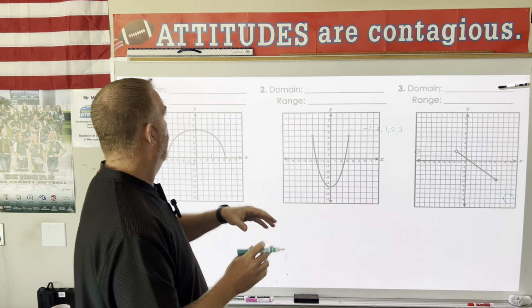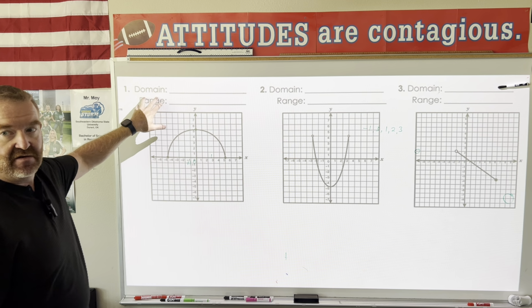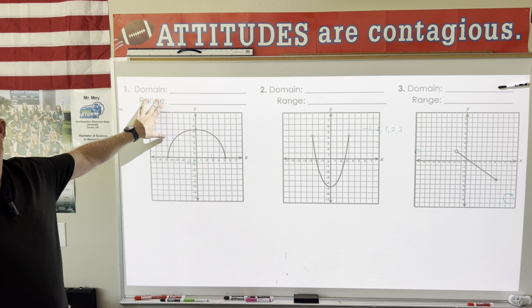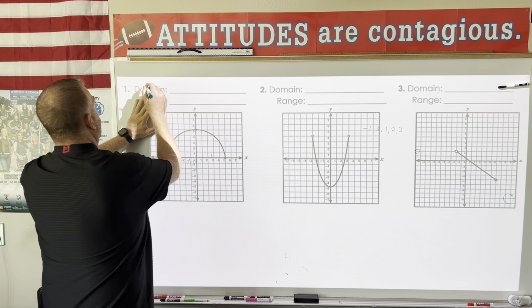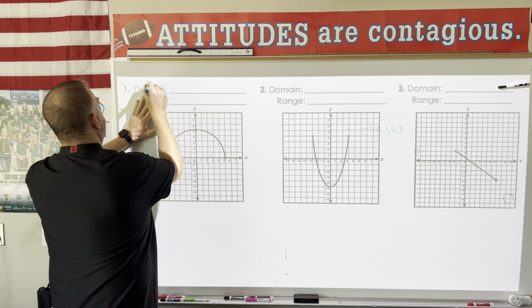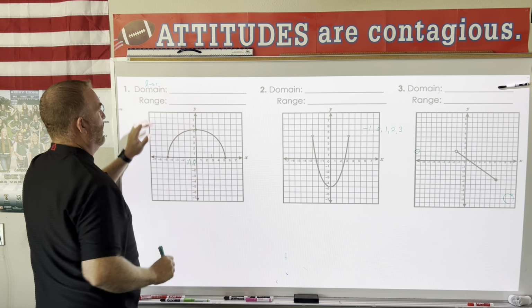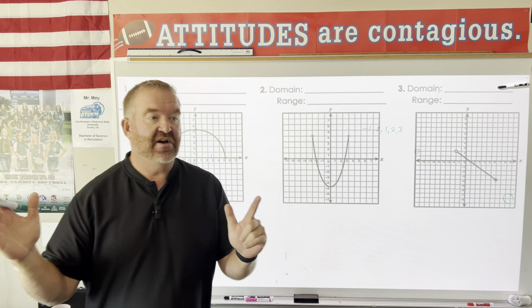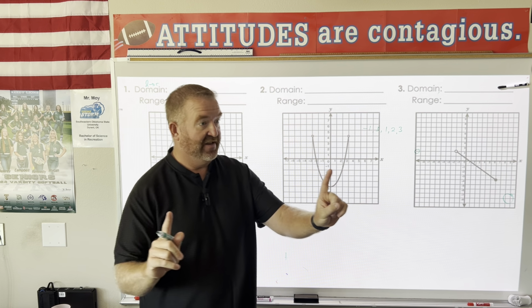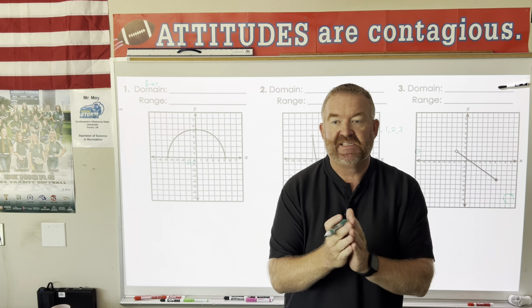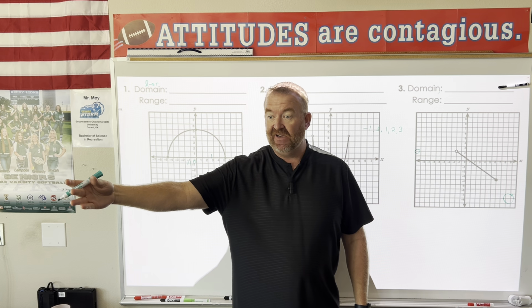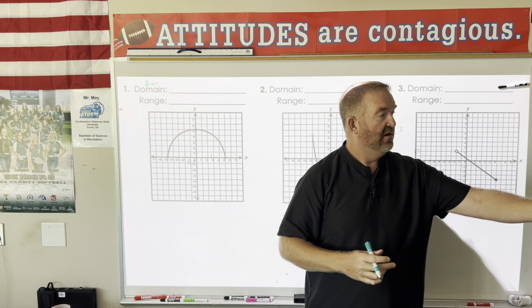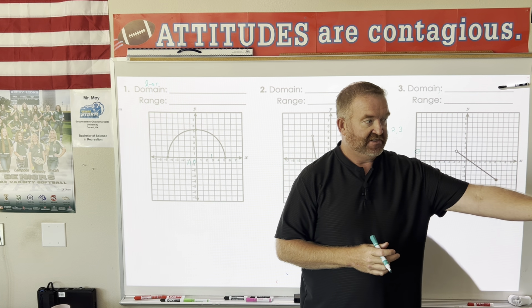Now, please listen. What direction did we say domain was? Left to right. Please do me a favor and pay attention from the left to the right. When I'm talking about my domain, I'm not worried about anything else on my graph. I want to see how far left the graph is and how far right the graph is.